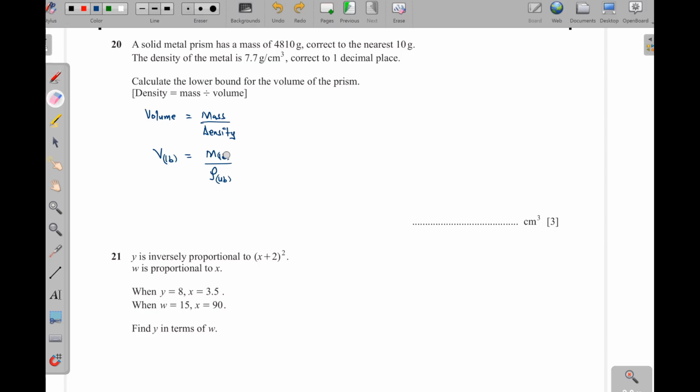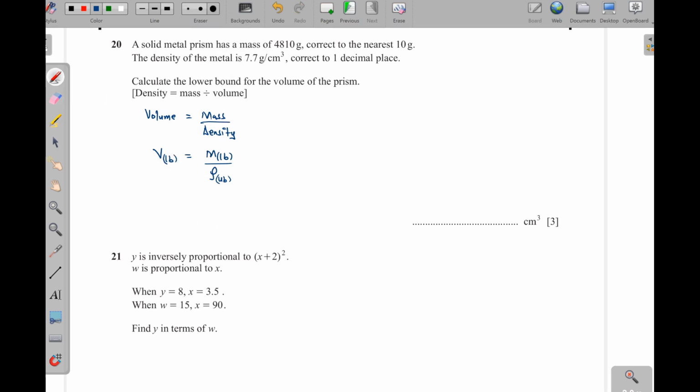Let me make this one better. Lower bound. Sometimes I have always used V minimum. You'll get m here has to be minimum, then divide by this one has to be maximum. A small thing divided by a very big thing, you get a very small thing, right?